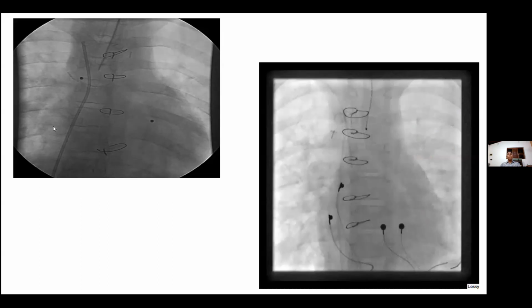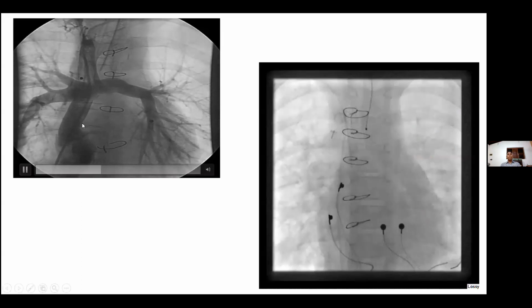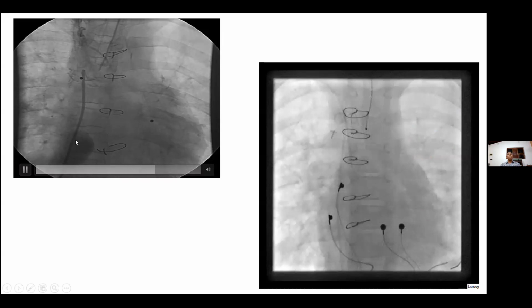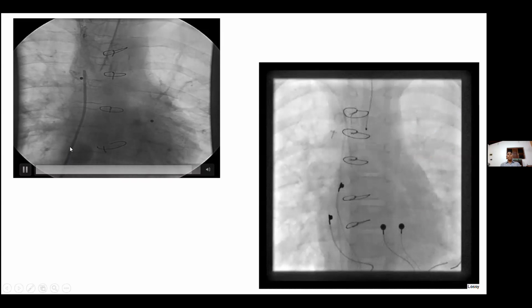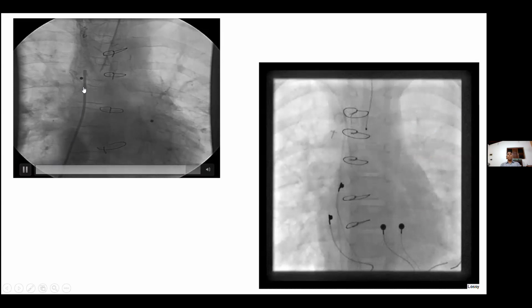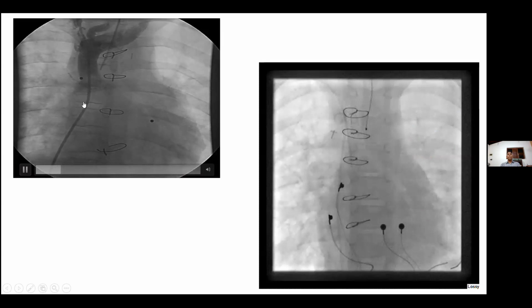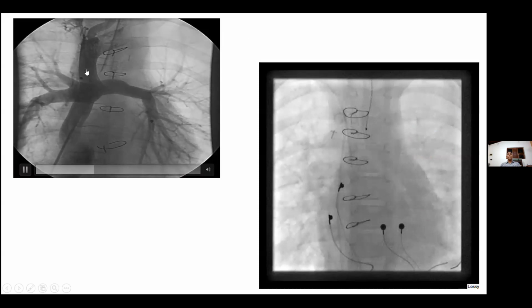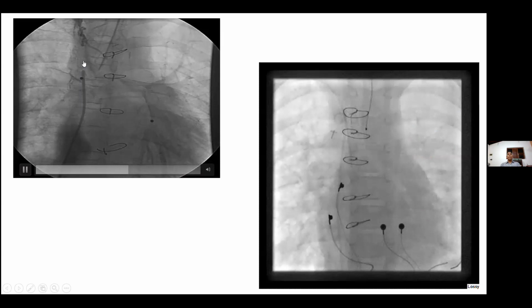This is one of the Fontan circulations. This is the angiogram, as I have mentioned to you. The catheter has come through the leg, through the IVC, and through the Fontan circulation here, and then injecting into the SVC area.